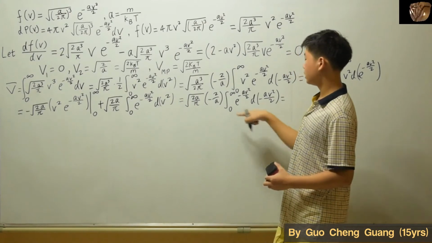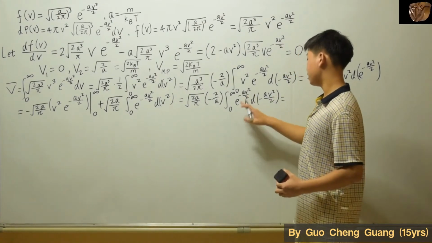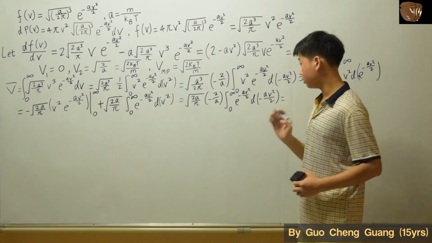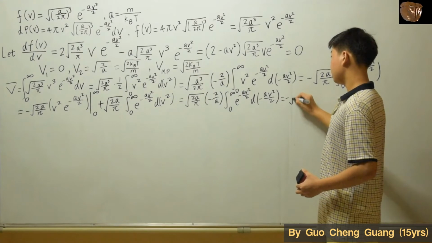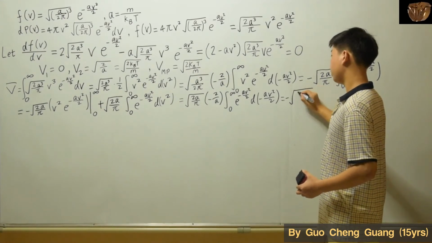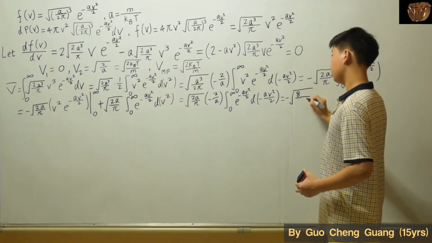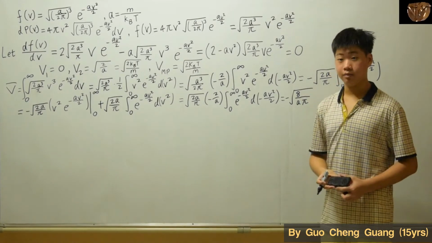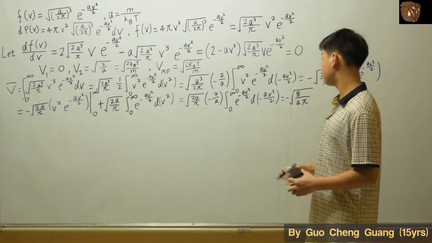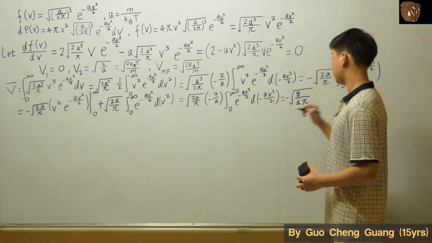Afterwards you can just immediately get that this part is e to the power of negative av square over 2, while in front here you're going to have negative square root 8 over a pi, since you put this 2 inside and the a inside too.